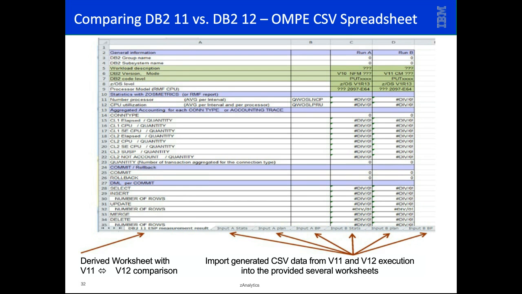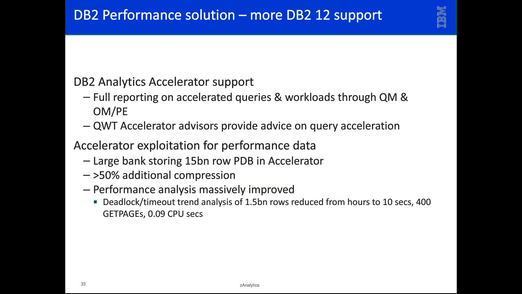On slide number 33 is to show you about our performance solution and how we extend the DB2 support even more. We now support DB2 12 accelerated queries and workloads that we can monitor through Query Monitor and OMPE, and we provide you in Query Monitor Accelerator advisors to give you advice on your query acceleration, which queries are eligible for acceleration, and what the benefits and cost savings will be.